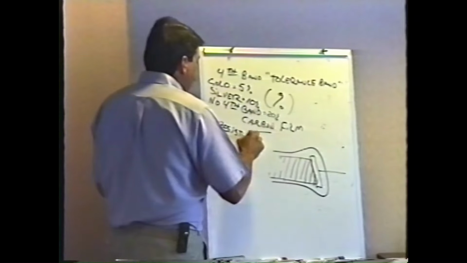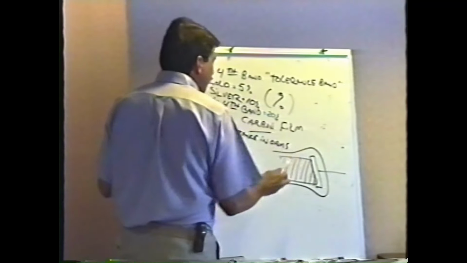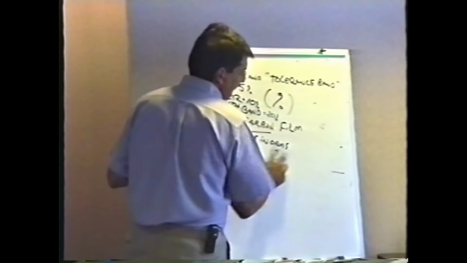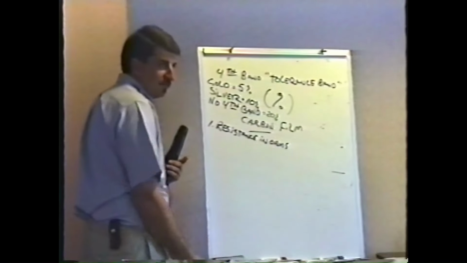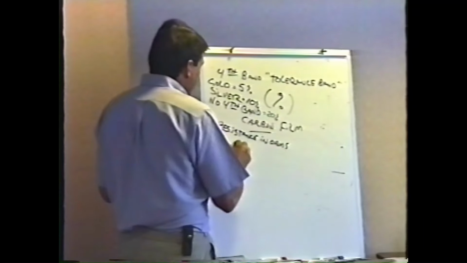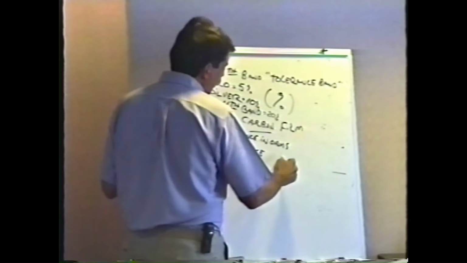Number 1, the resistance in ohms. How many ohms is that resistor? Is it a 1K resistor? Is it a 10K? Is it a 2.7K? Is it a 500 ohm? What is it? Number 2, the tolerance. Really, nobody calls it that. Everybody just calls it the percentage.